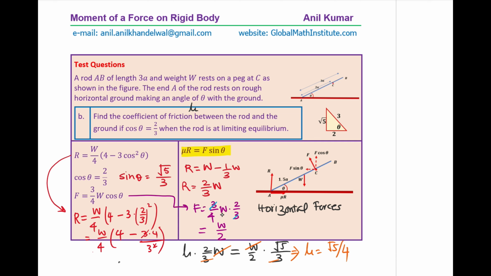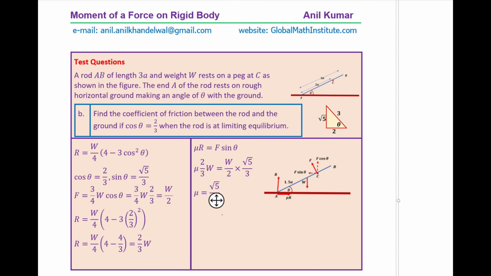Do you understand how easily we could actually figure this out? It's not an easy question, but if you understand the strategy, then it is simple. So here is the complete solution for you, exactly what I did. We knew that R was W over 4 times (4 minus 3 cos square theta). We worked that out in part A, right?